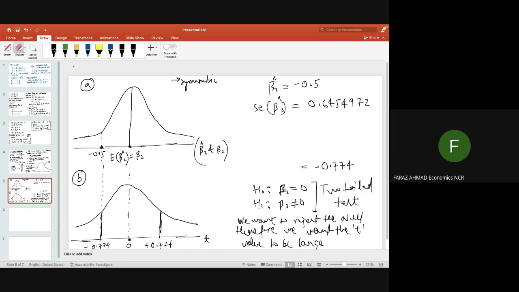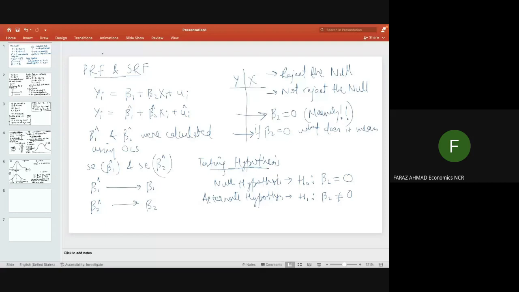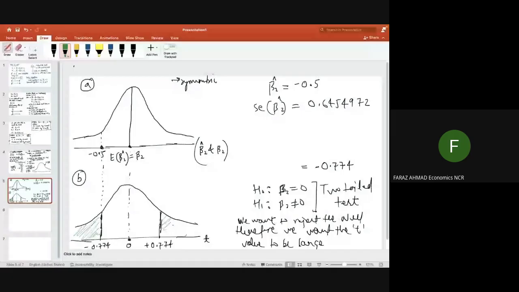Now there is some area in the left tail and the right tail. And if I shade that area, this area and this area, I've shaded in green.